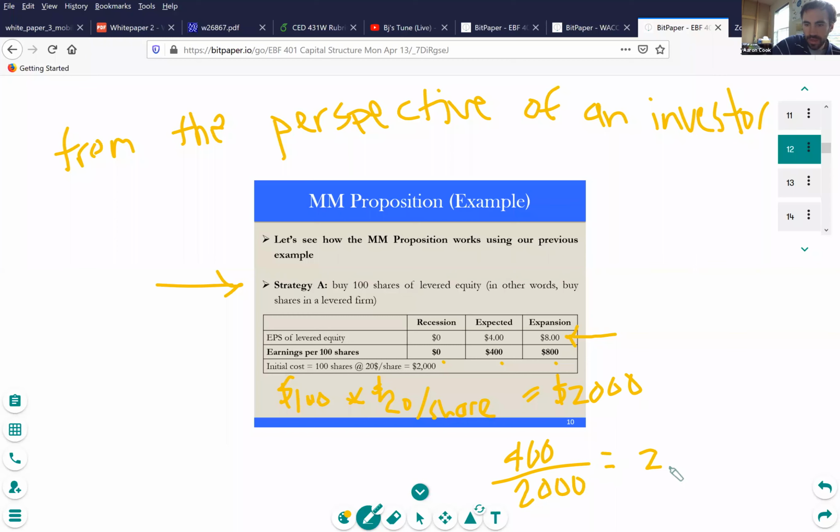That's a 20% rate of return. So that's like the return on equity number that we had calculated before. That's the return on equity in the average expected economic conditions, and then it could be much higher in an expansion or lower in a recession. That's strategy A. So we're calling this strategy A.